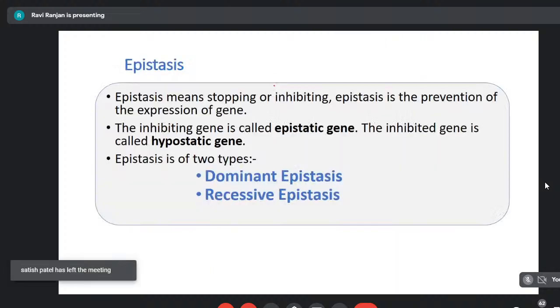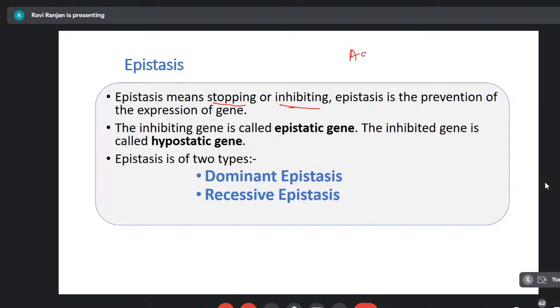Coming to epistasis, which is the most important chapter of non-allelic gene interactions, many questions come from epistasis. Even what I have told as complementary gene or duplicative gene, the questions related to that also come under the heading of epistasis. The literal meaning of epistasis is to stop or to mask or to inhibit. So epistasis is the prevention of expression of a gene.